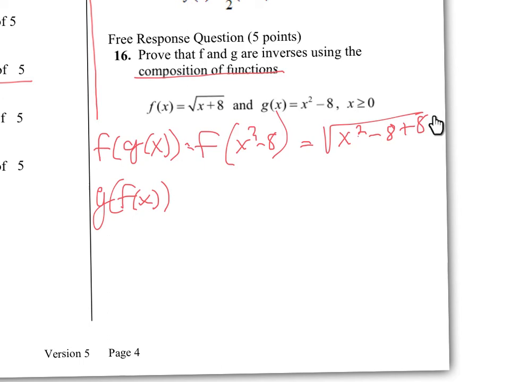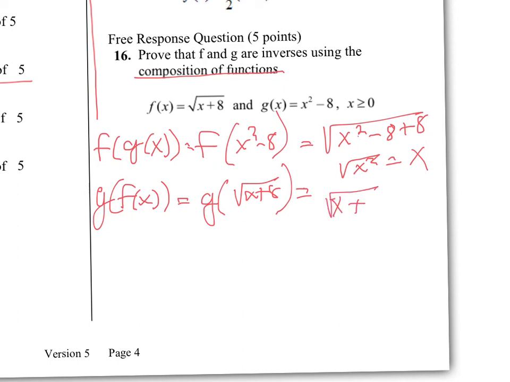Well, these two add to 0. So now I have square root of x squared, which is x. Alright, for the second one, now we have g of square root of x plus 8. That's equal to square root of x plus 8, squared, minus 8.